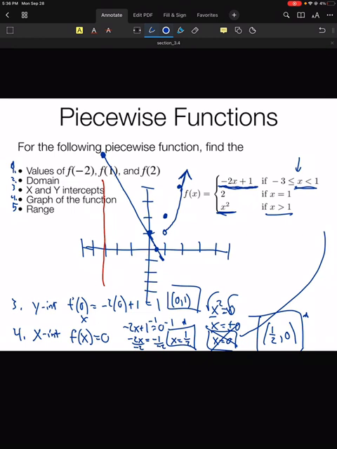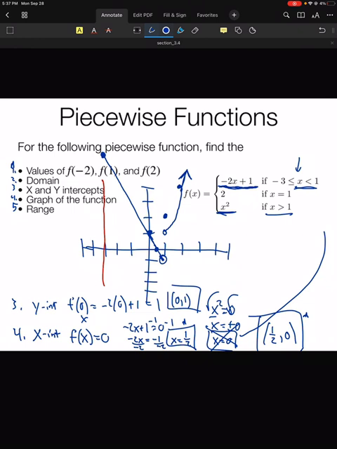The last thing that we need to do is determine the range of this function. It looks like the lowest that we get is right about here when it almost hits 1.